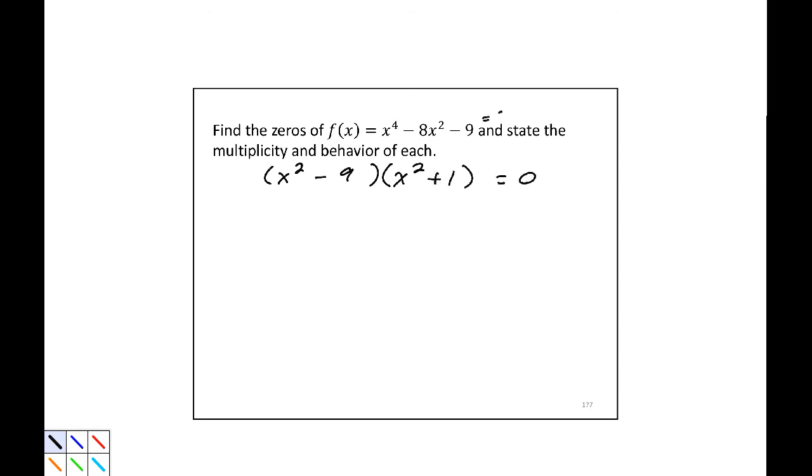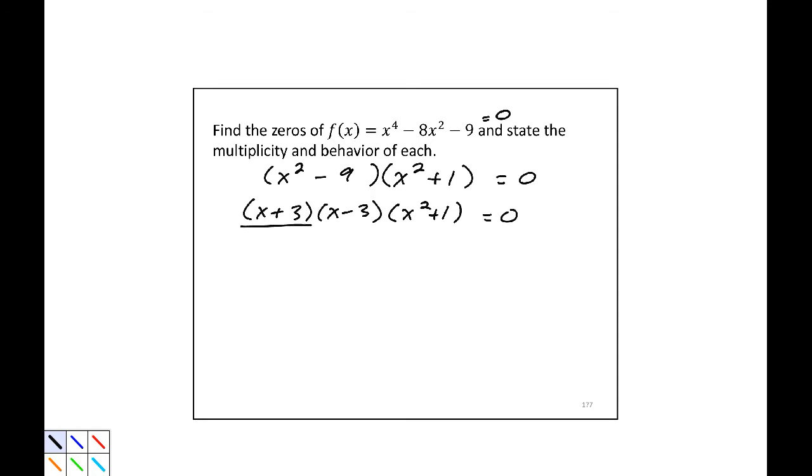I set the original function equal to 0, then it factors as x squared minus 9 times x squared plus 1, still equal to 0. Let's factor more. This first factor becomes x plus 3 times x minus 3. It is a difference of squares. And then x squared plus 1 does not factor.